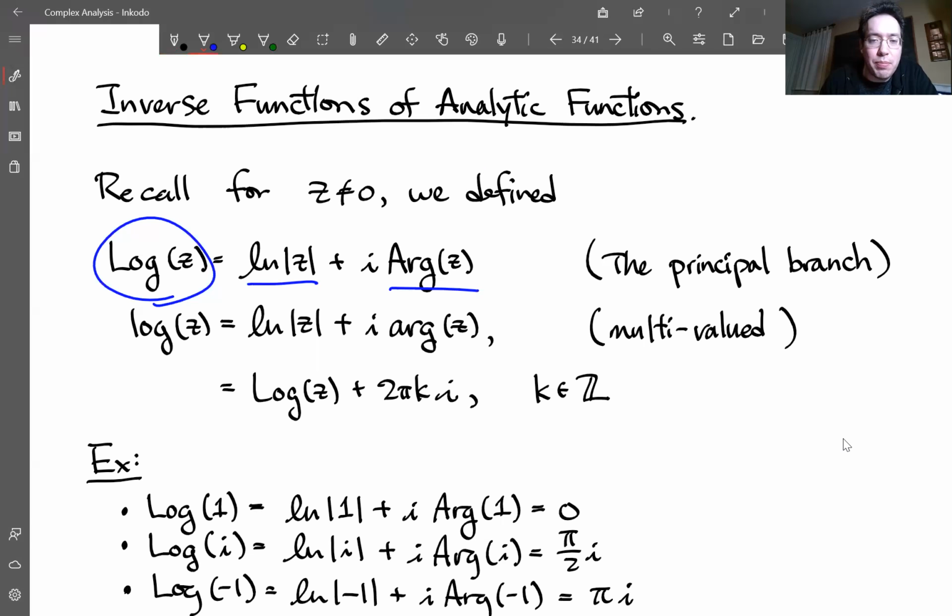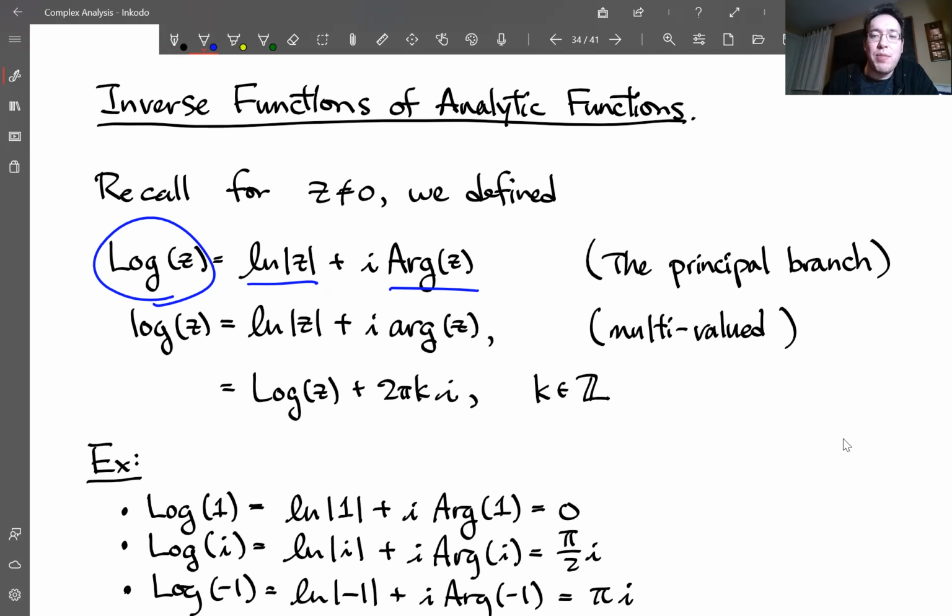And here I'm using the capital A Arg, which means it's the principal branch of the argument function. The argument function gives you the angle that the complex number z makes with the positive real axis, and the capital A guarantees you an angle between negative pi and positive pi, including positive pi.